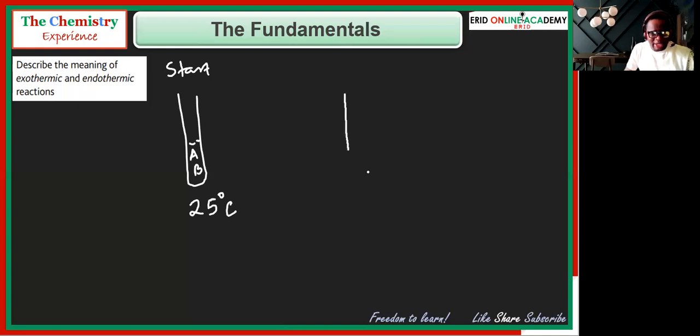So when the reaction took place, the reaction has taken place. Now in the test tube, we measured the temperature and we found out that it is 20 degrees Celsius. Okay, this is the end of the reaction, while this is the start of the reaction.